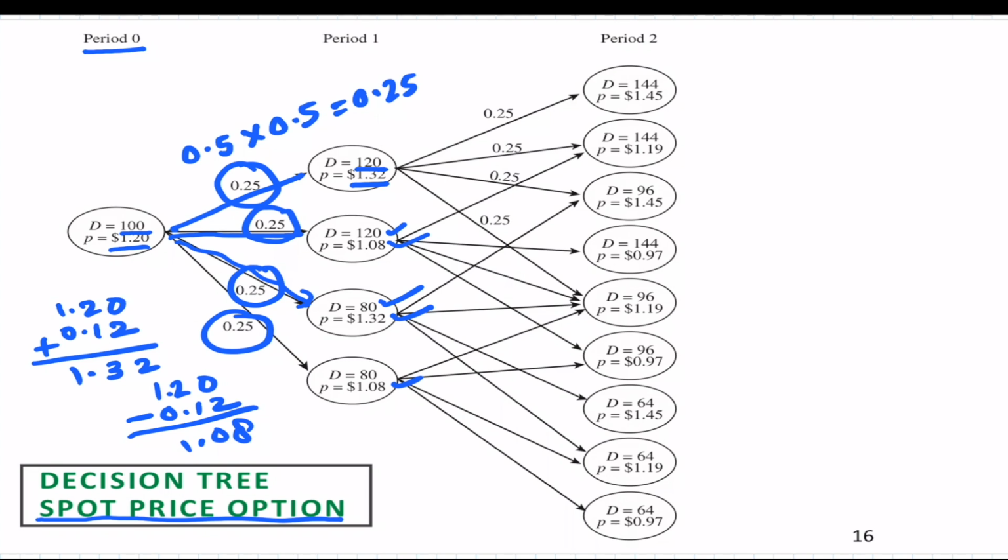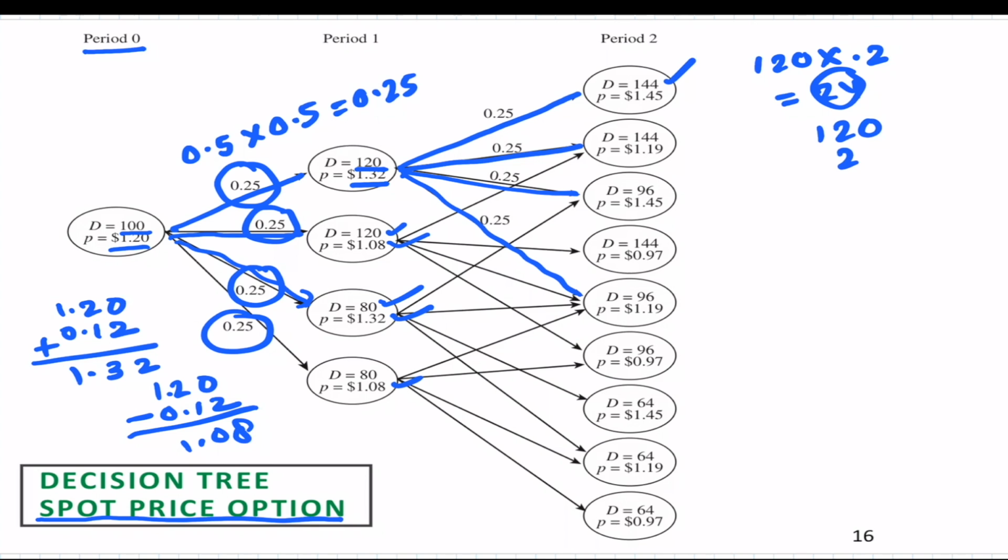Similarly, once we go from period 1 to period 2, again for each option we have 4 new options. First one where demand goes up by 20%. So 20% of 120 is 120 times 0.2. We add 120 and 24, we get 144. So that's the number you see.